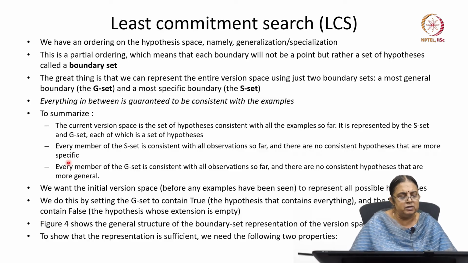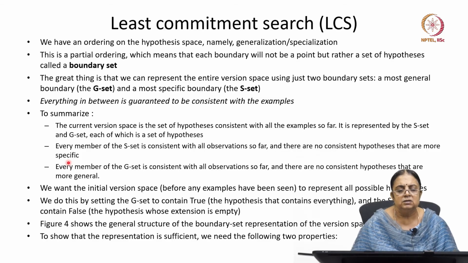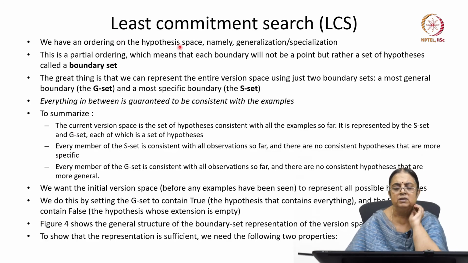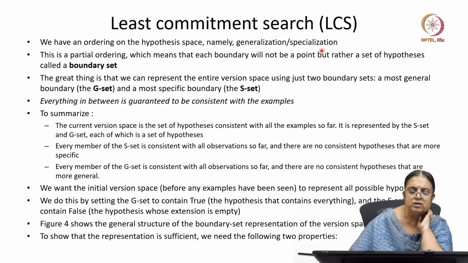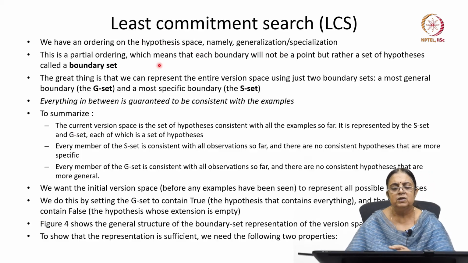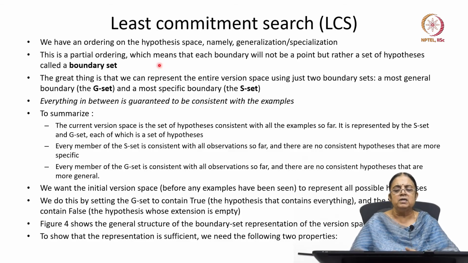Next is what is called the least commitment search. We know that if we look at the hypothesis space, there is an ordering in that, namely generalization and specialization. When you look at the boundary of your set of hypotheses, it may not be a point, but it could be a set of hypotheses, which is called the boundary set.